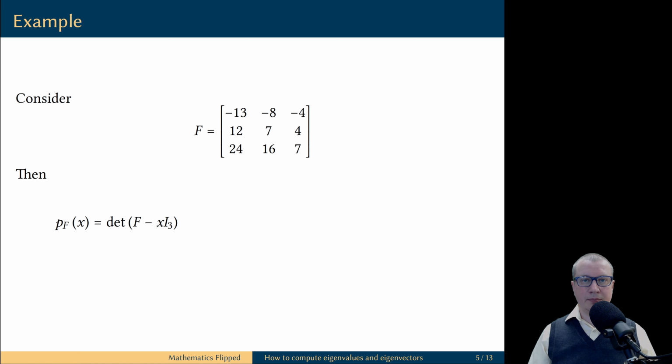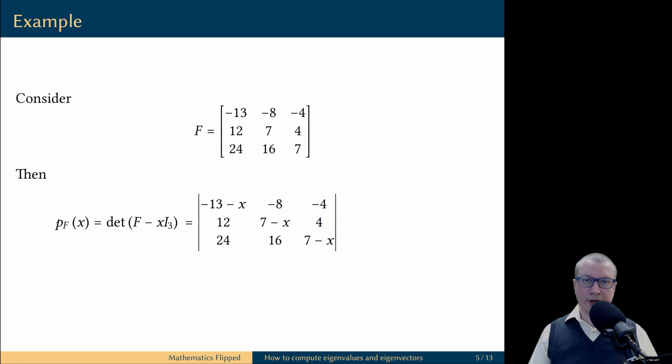Let's consider an example. We have this 3x3 matrix F and we are going to find its eigenvalues. The first step is to find the characteristic polynomial of the matrix F, which is the determinant of the matrix F minus x times the identity matrix. This matrix is obtained from the matrix F by subtracting x from each entry on the main diagonal.